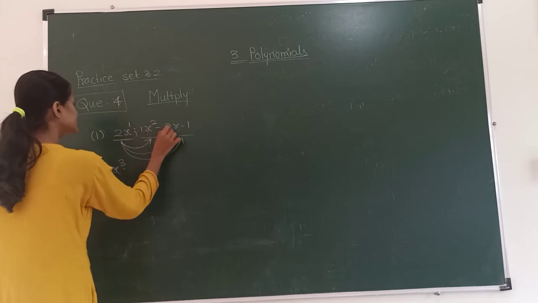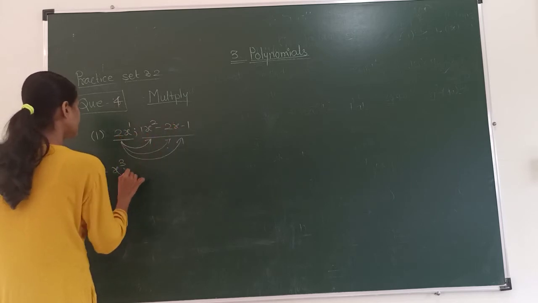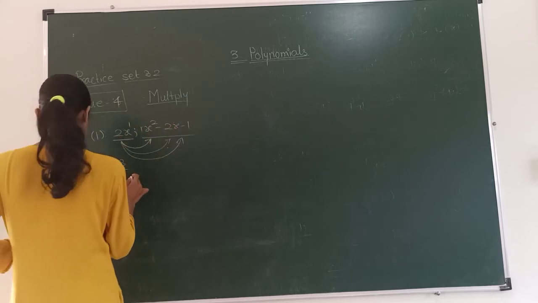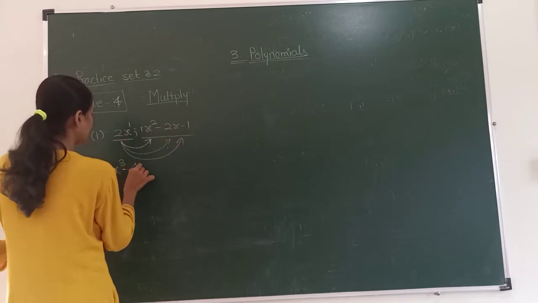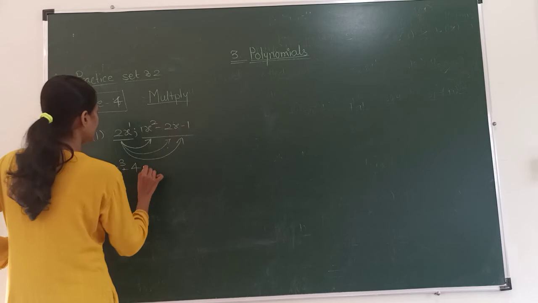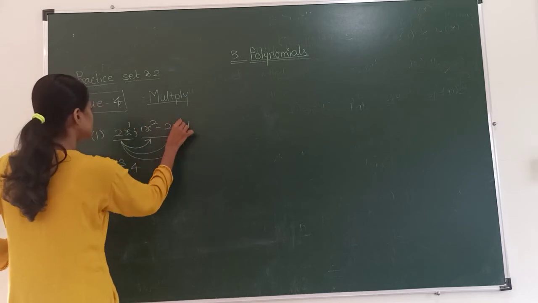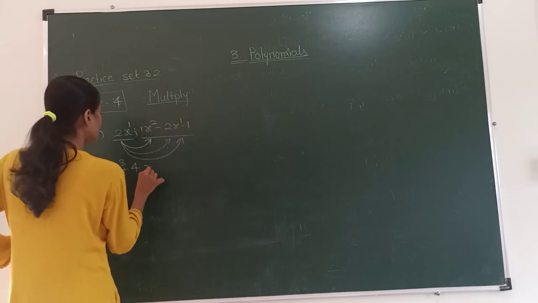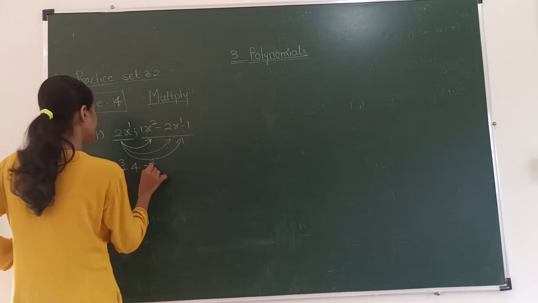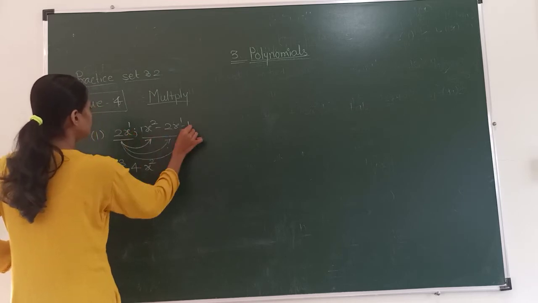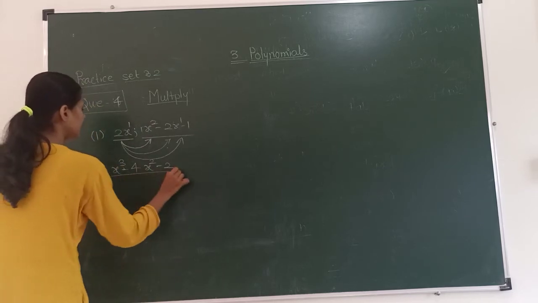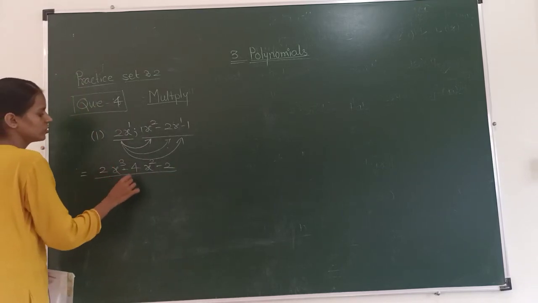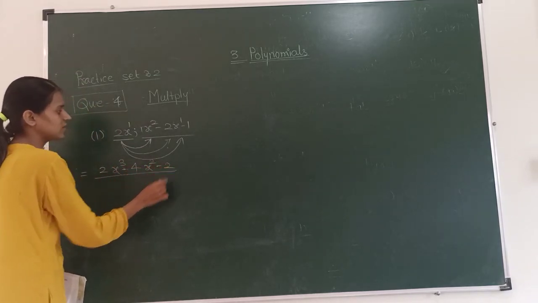Now this 2x into minus 2x: 2 into minus 2 is minus 4, and x and x each have degree 1, so 1 plus 1 is 2, so minus 4x squared. And 2 into minus 1 is minus 2. So the multiplication is 2x raised to 3 minus 4x raised to 2 minus 2.